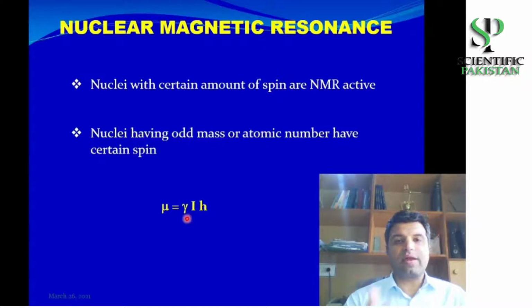Similarly, other nuclei like nitrogen and phosphorus will have their own gyromagnetic ratio under the influence of a particular magnetic field. And it's a constant, so it will not change with the change in the strength of the magnetic field. So the gyromagnetic ratio also affects the overall magnetic moment of a nucleus.